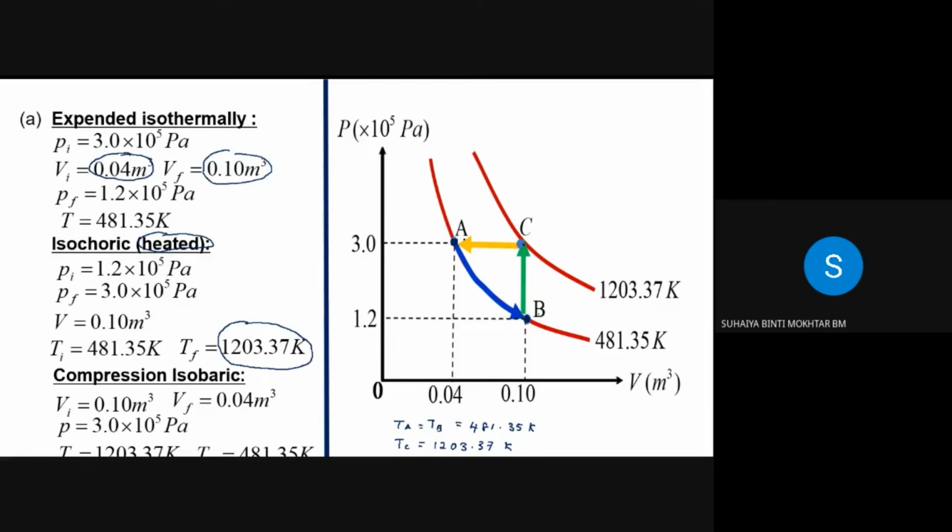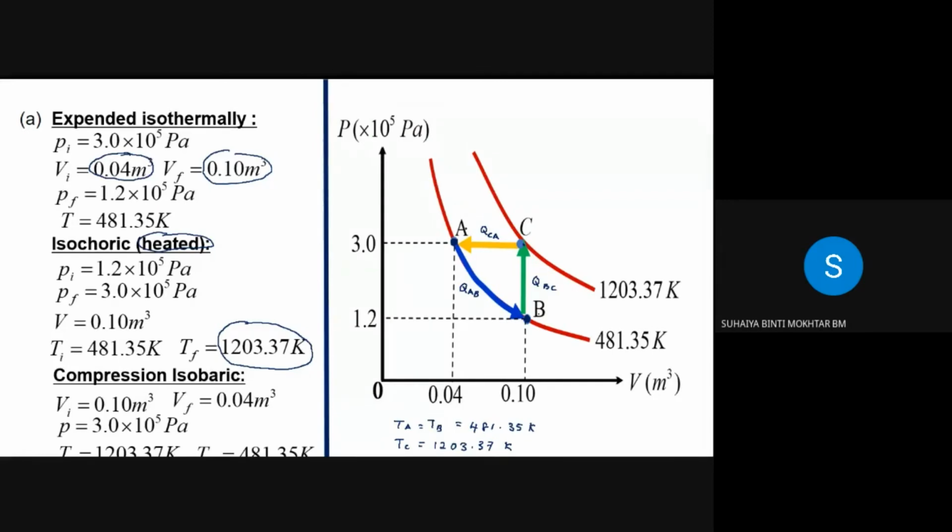Okay, so nak calculate the total heat involved for the whole cycle. So calculate Q here, QAB. Then calculate QBC and calculate QCA. Ikut dia punya cycle ni.